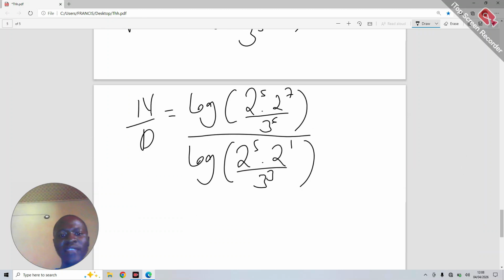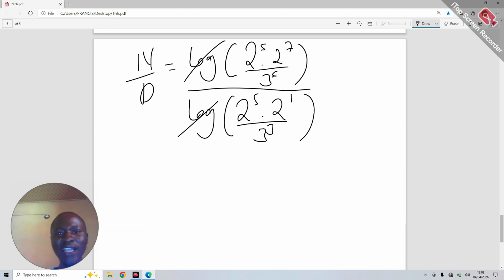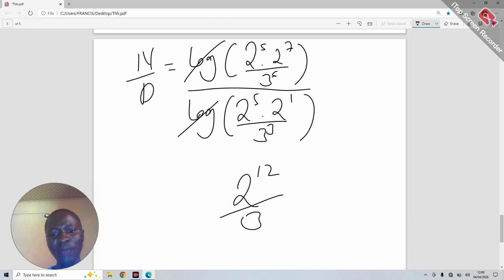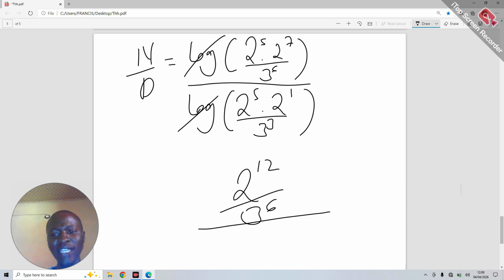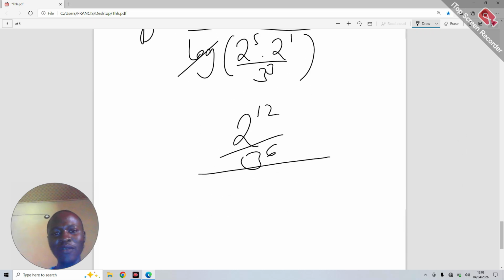And then they drop the logs, or cancel them out. Then in the numerator, applying the law of indices, they do it very well, having 2 power 12 all over 3 power 6. Then everything is all over 2 power 6, laws of indices applied there, all over 3 power 3.